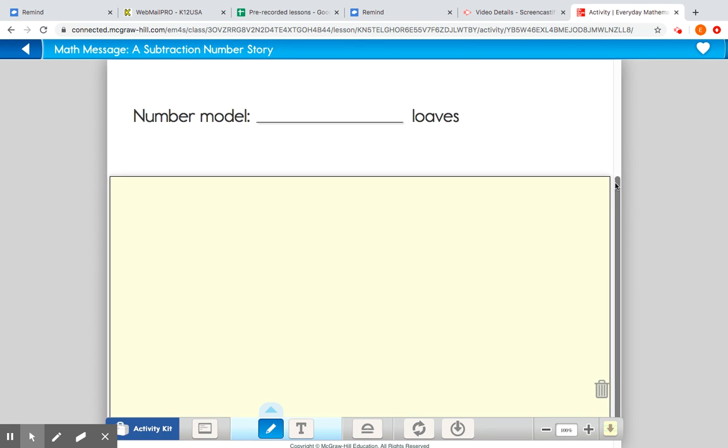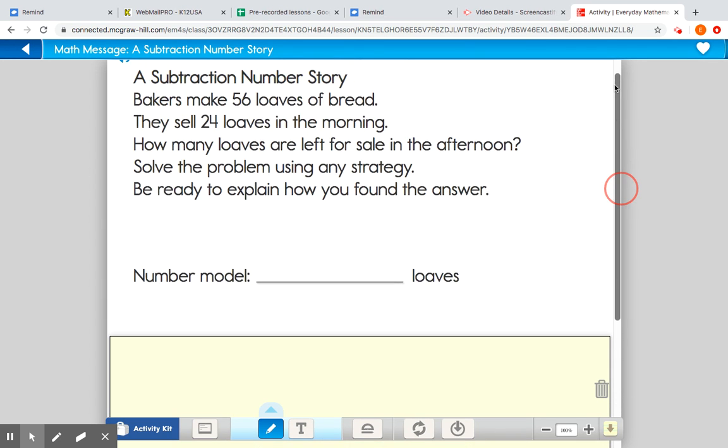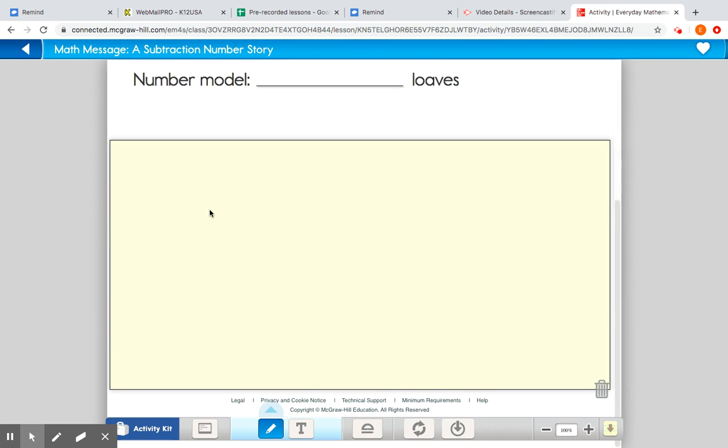If I go back up here, it told me that our bakers made 56 loaves of bread. So I'm going to draw out 56 with my base 10. 10, 20, 30, 40, 50, 51, 52, 53, 54, 55, 56.